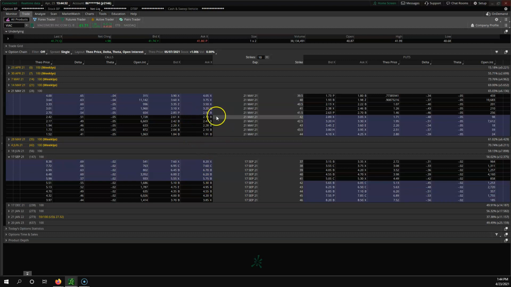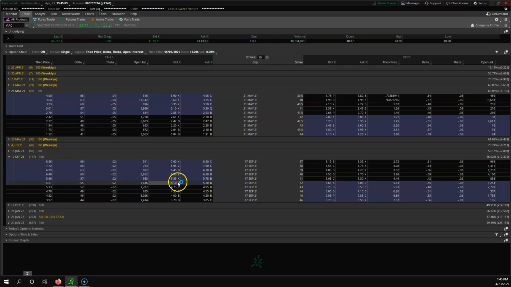Well, think about this. If this stock goes sideways, right? At the end of, let's say the stock's at $42 exactly. At the end of May, these options will expire worthless. They're worth nothing, right? Because the stock's at 42, so there's no intrinsic value. And so we're going to collect $260, but because we still have all the way out to September, the time decay is not that much.